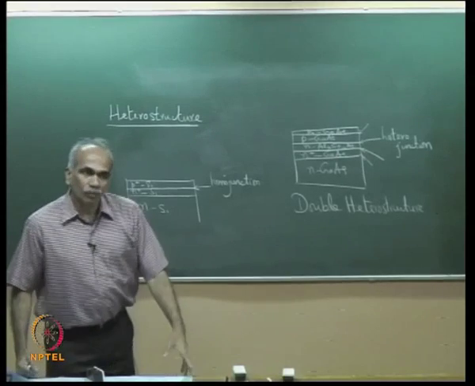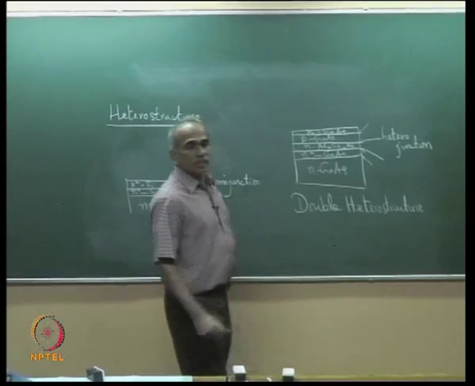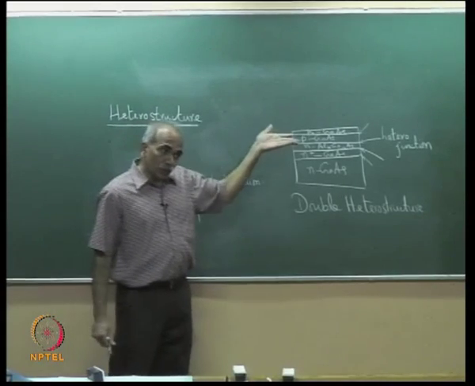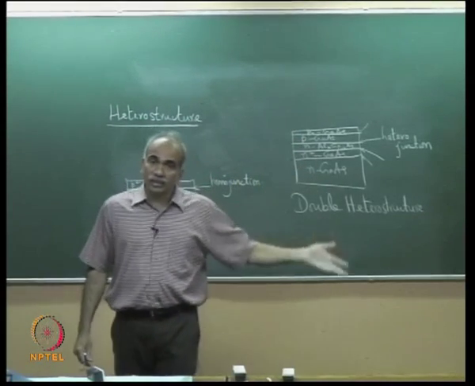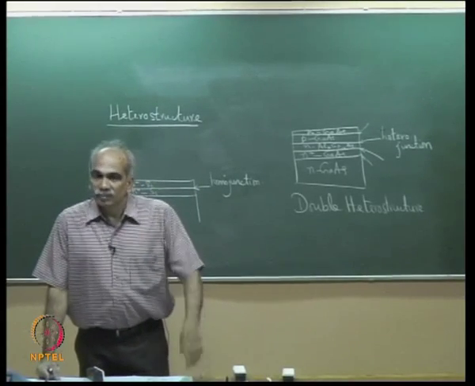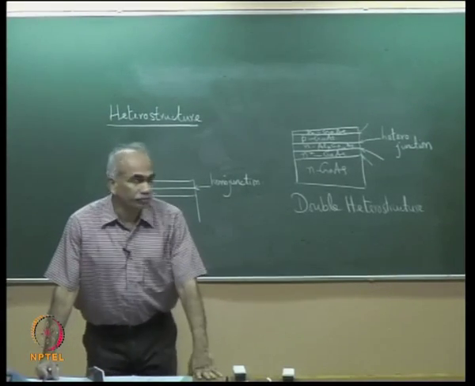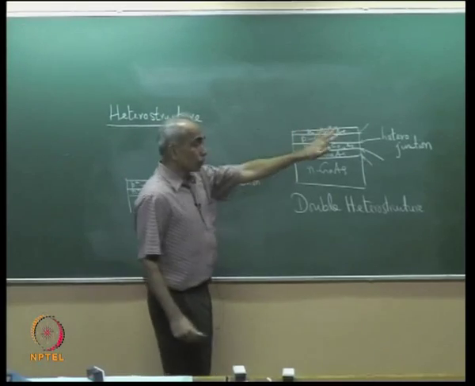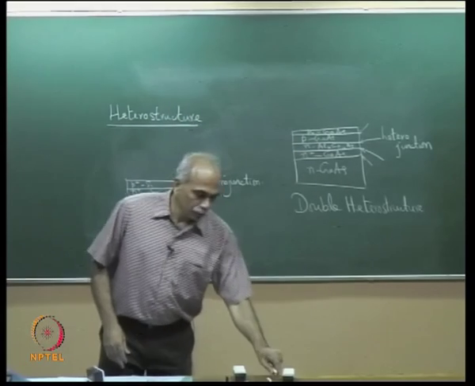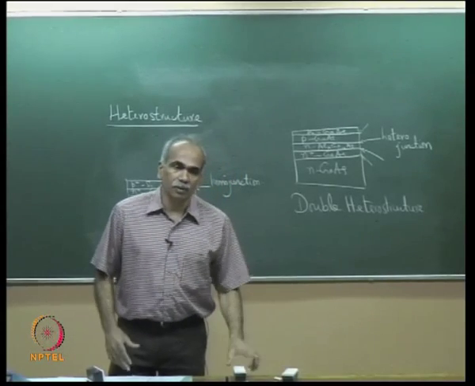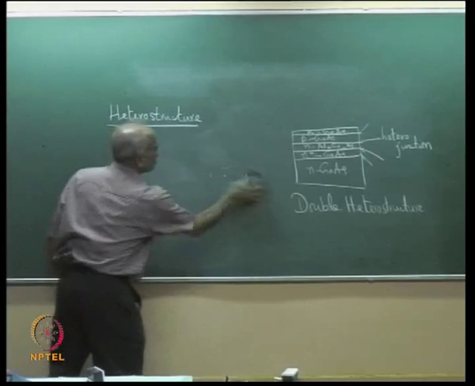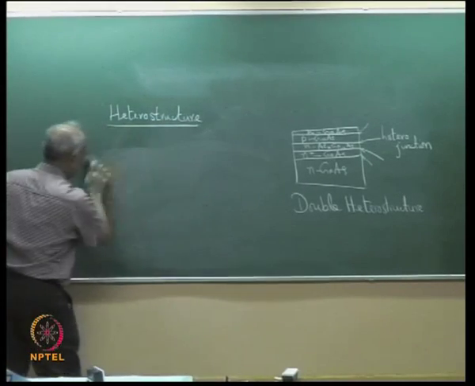We will discuss why such a structure is required and what are the benefits of this, and the structure was proposed by Alferov in 1970, who got the Nobel Prize a few years back. We will discuss more details a little later. It's a very simple and very beautiful proposition, and you will see the advantages of a double heterostructure.